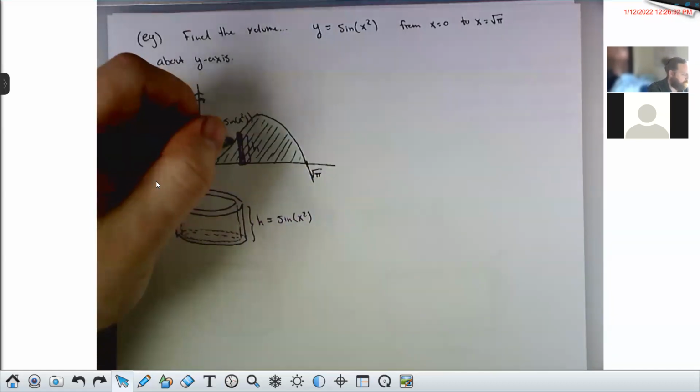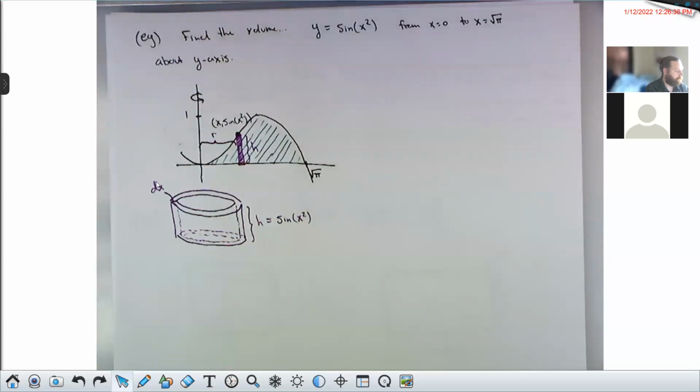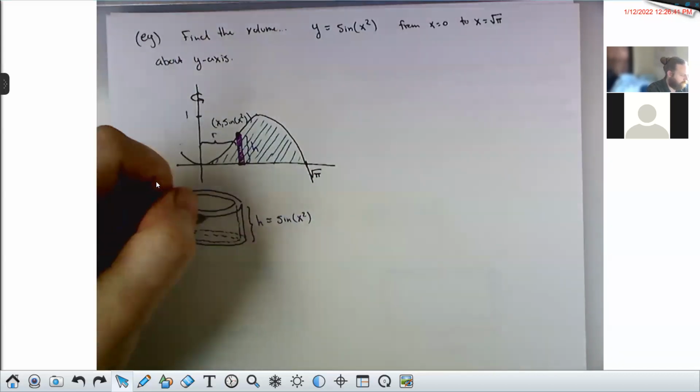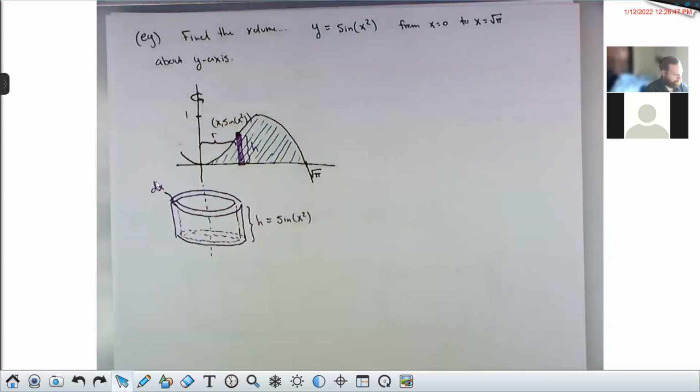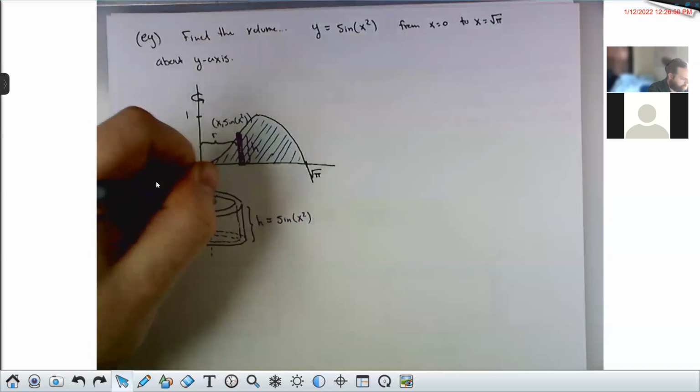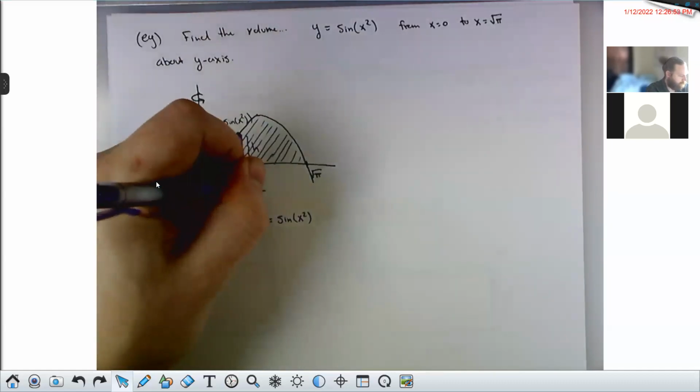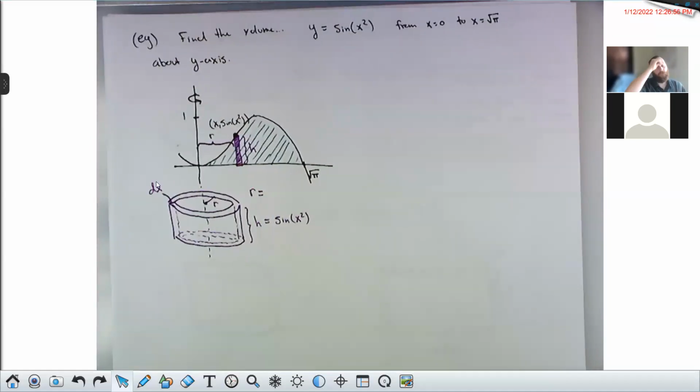The last thing we need is the radius, which is the distance from the strip to the axis of rotation. What is that radius? What is the distance from the strip to the axis of rotation here? What is this horizontal distance?